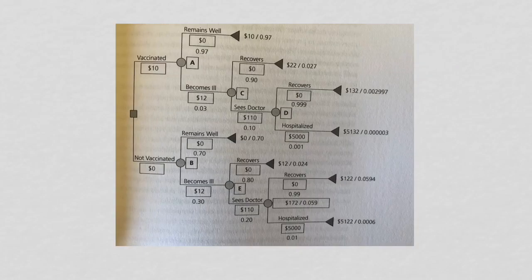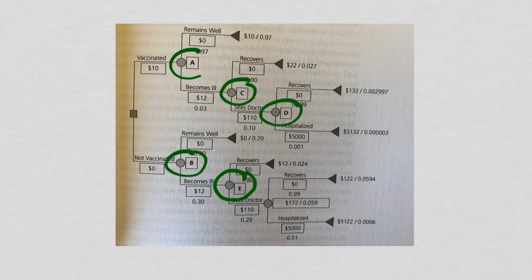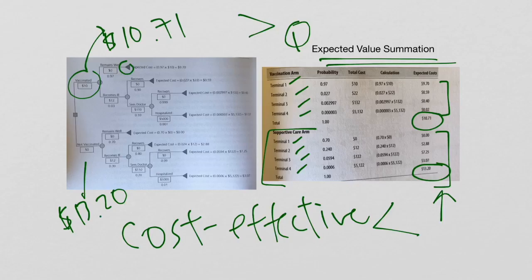As you can see, you can determine the expected value of each of these nodes by doing the rollback. The answer should be the same as what you get here on this table, which is $10.71 compared to $13.20.